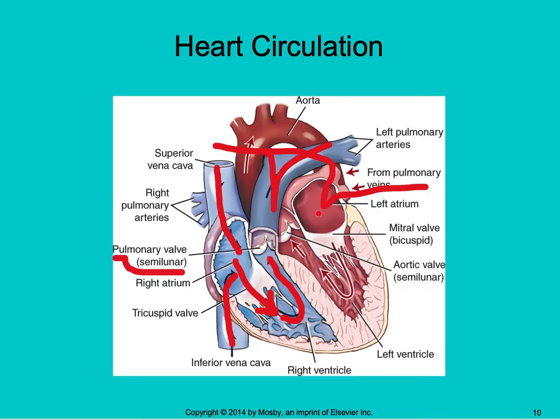Okay, so the left atrium, down to the mitral or the bicuspid valve, into the left ventricle, through the aortic valve, and into the ascending aorta to where it bifurcates up here, and then down through the descending aorta, carrying oxygenated blood throughout the body.